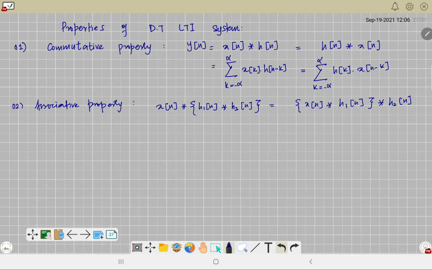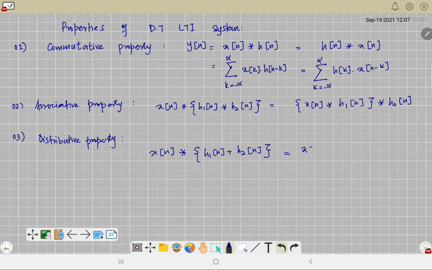Then again, it is distributive over addition, which means that if I have a convolution operation defined over, say, sum of two sequences like this, h1n plus h2n, you can distribute this operation over the summation.